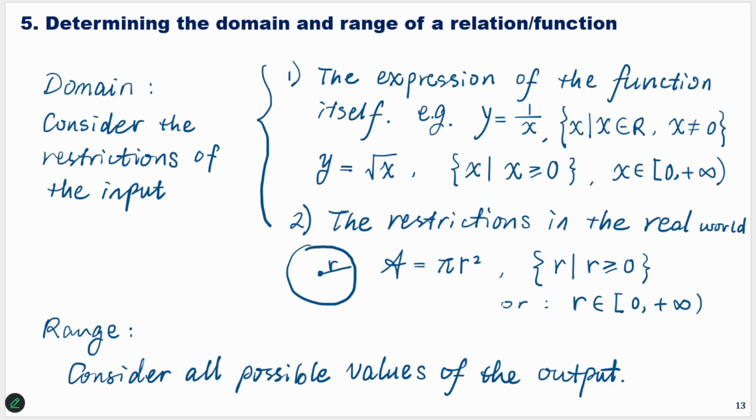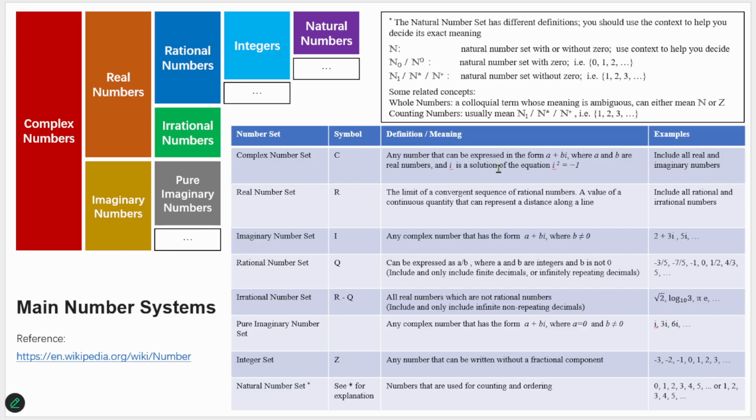And again, if you're not familiar with different types of numbers, here is a good diagram you can have a look. Just give it a quick review, okay? So the smallest number set we usually use is called the natural numbers. But be careful that the natural number set has different definitions in different books.